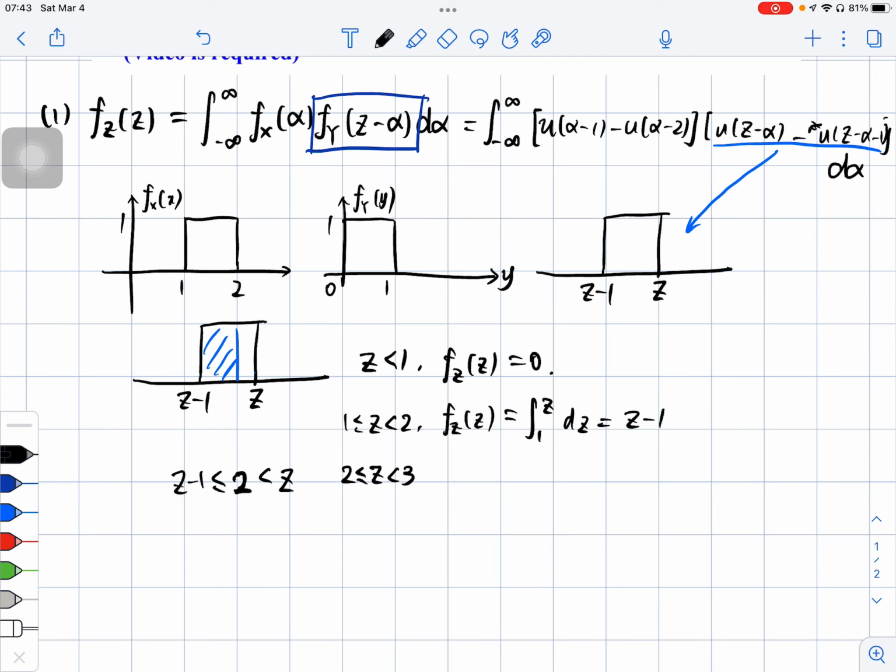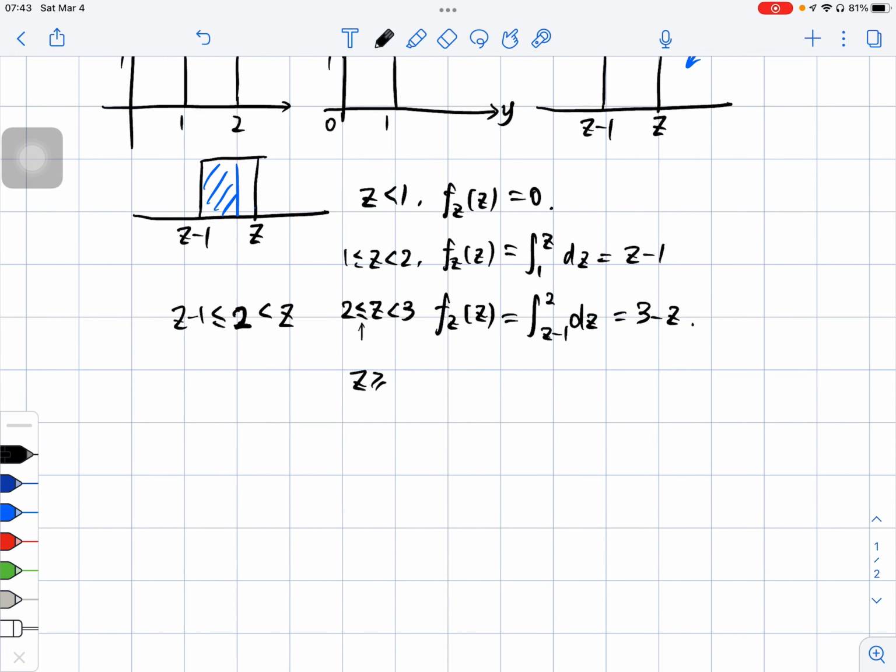We use this signal to include the number 2 in our range. Fz is the integral from 2 to z minus 1 dz, which is 3 minus z.